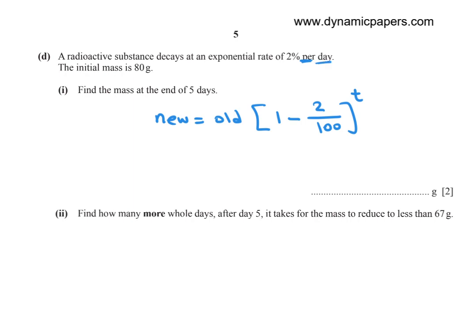Per day, so this is the number of days. The old value, or the initial value, is 80, times (1 minus 2 over 100), for 5 days, so power 5. Then you can find the answer.